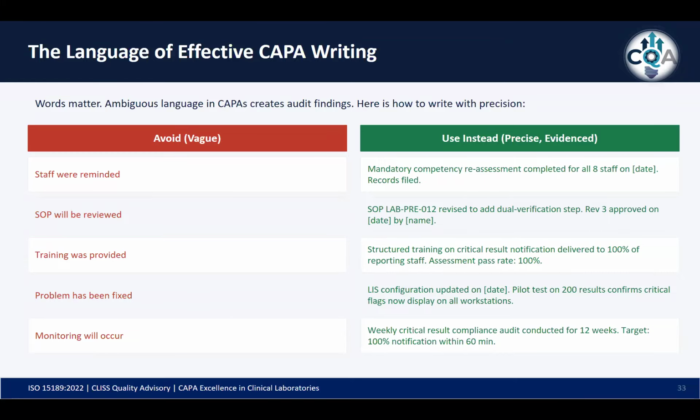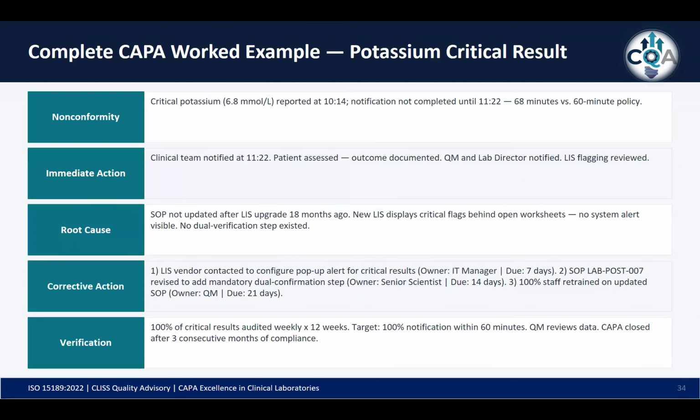"LIS configuration was updated on such and such a date. A pilot test on 200 results confirms critical flags now display on all workstations." So it shows us that you've done this and there is evidence, there are numbers that you can speak to in response to the non-conformity that was raised.